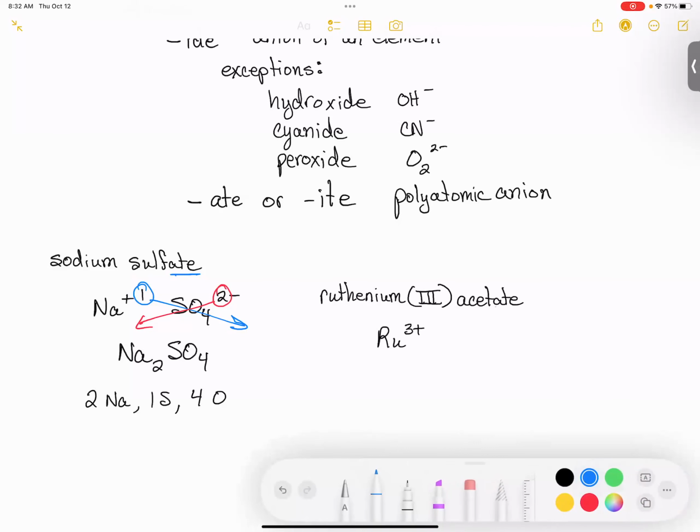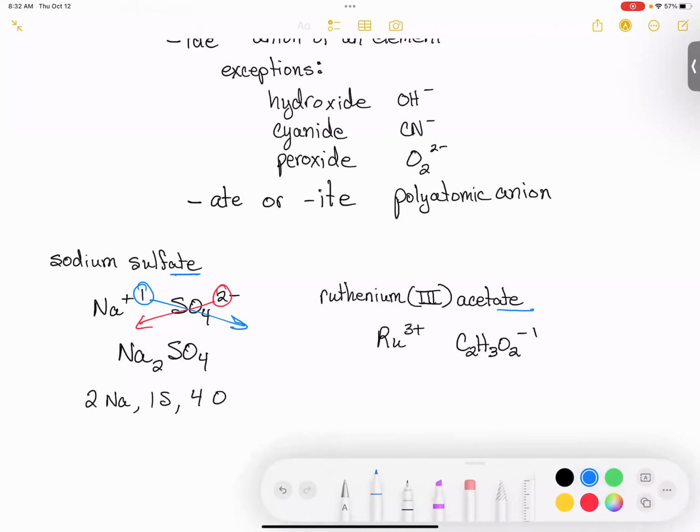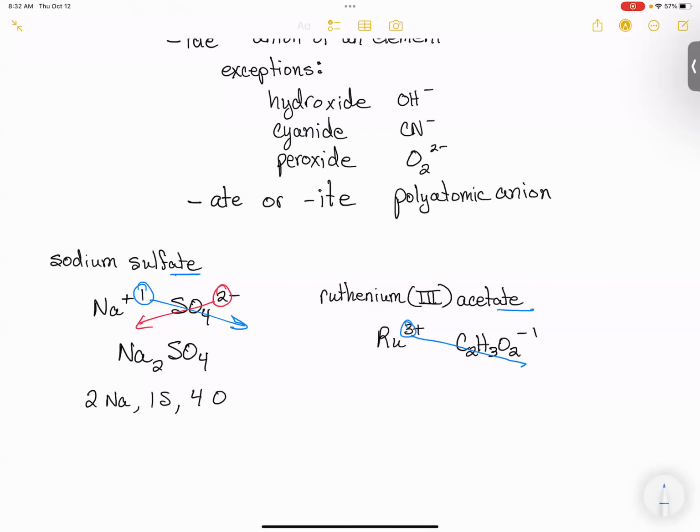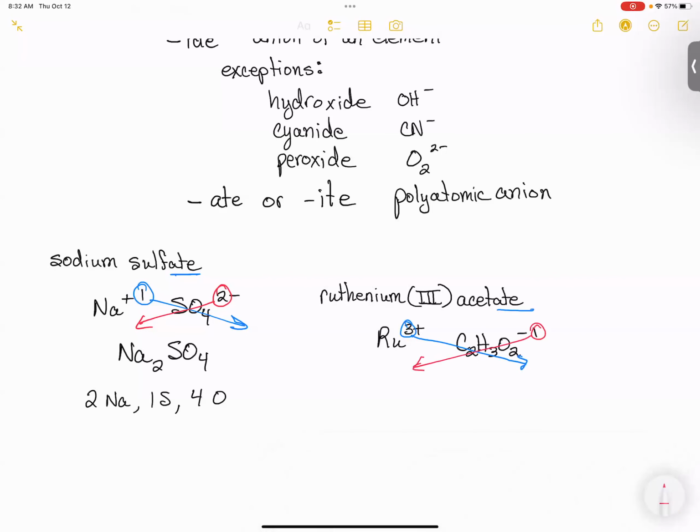What does the ending ate tell me? It's a polyatomic. This particular polyatomic is C2H3O2 minus, which is a -1 for purposes of cross drop simplify. So I'm going to cross a 3 onto the acetate, and I am going to cross a 1 onto the ruthenium.